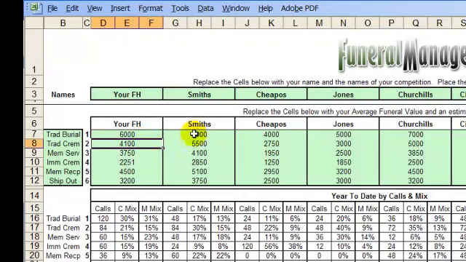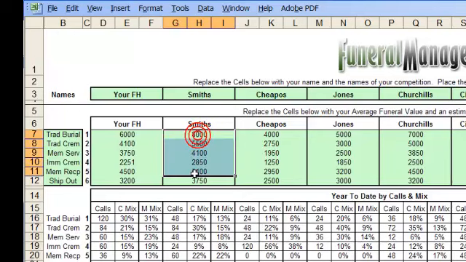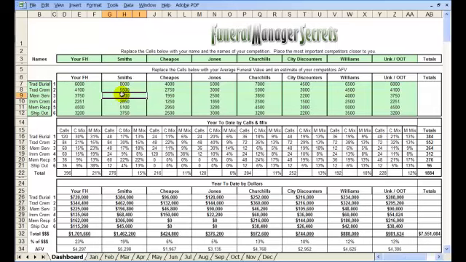And then, based on what your competitor's general price list is, and maybe if they're 25% more expensive than you, you can factor that in. Again, these are just estimates. So you want to put good information in, but we know that you can't get exact information.